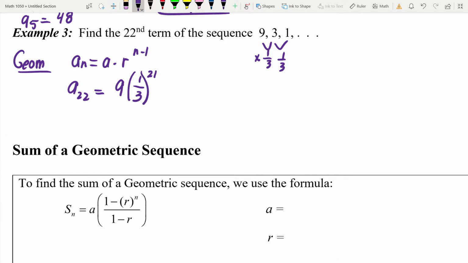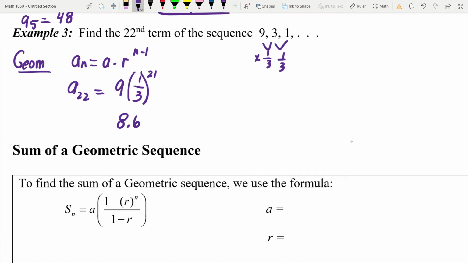Okay? Okay, everybody go 9 parentheses, 1 divide 3, close it off, raise it to the 21st, hit enter, and I get this big, huge number. Do you get a big, huge number? Okay, so I know that's not going to happen, just so you guys know. It's too big. So basically what this is is scientific notation. So look at what you get on your calculator screen.